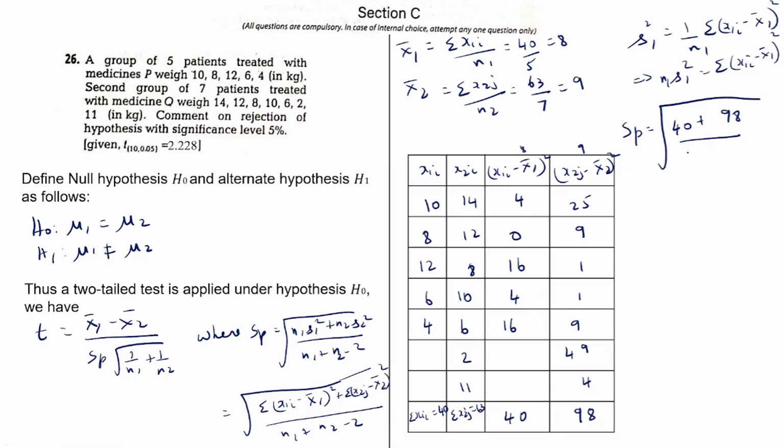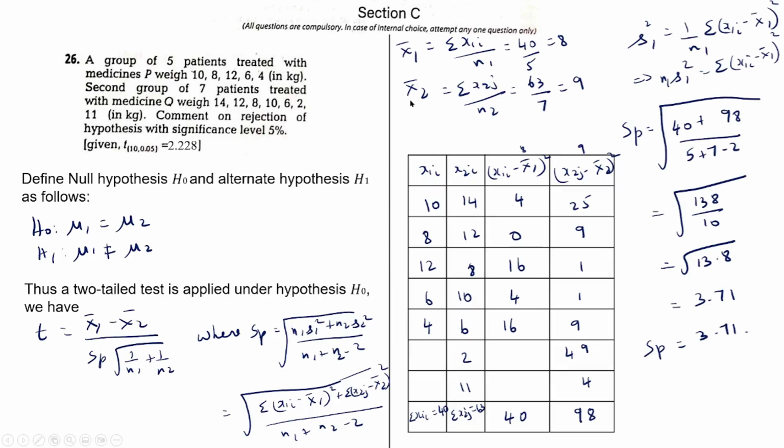So it is 5 plus 7 minus 2. This is 138 upon 10, or root 13.8. When we find the square root of 13.8, we get approximately 3.71. So we have SP as 3.71.